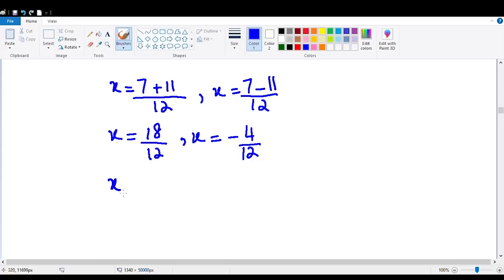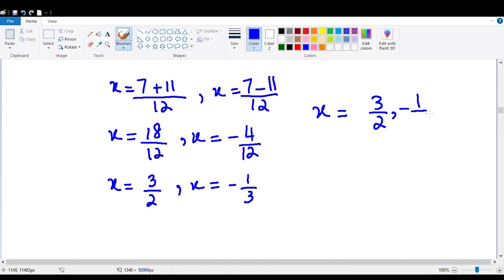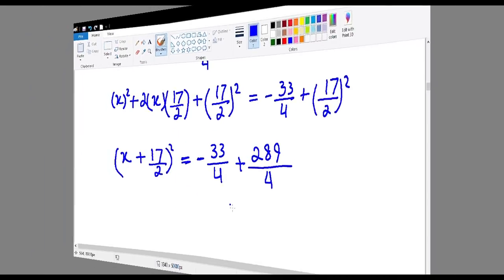Over here you can simplify this to 3 over 2, as 6 3s are 18 and 6 2s are 12. And this will be minus 1 over 3, as 4 1s are 4 and 4 3s are 12. So x's values will be 3 over 2 and minus 1 over 3. So that's our solution set.